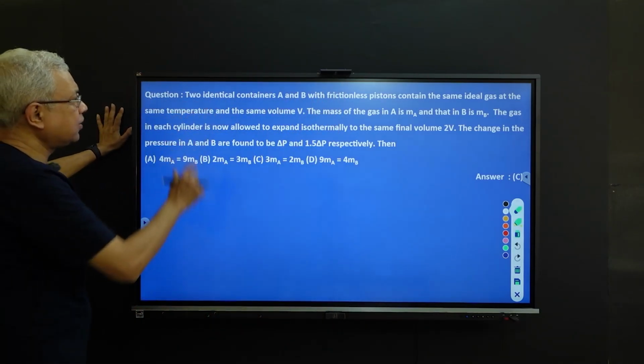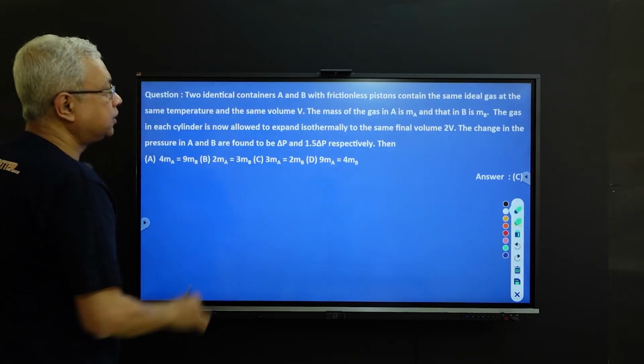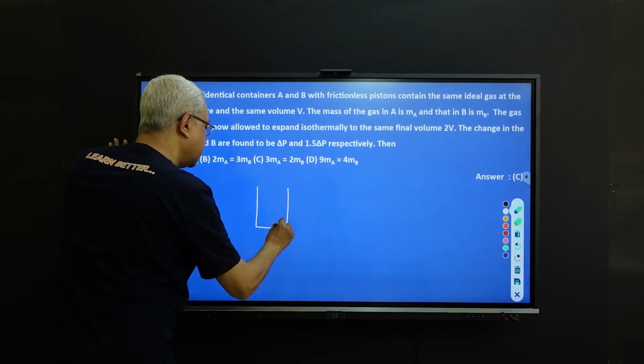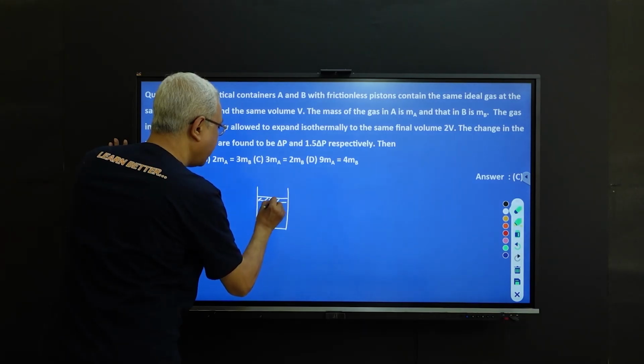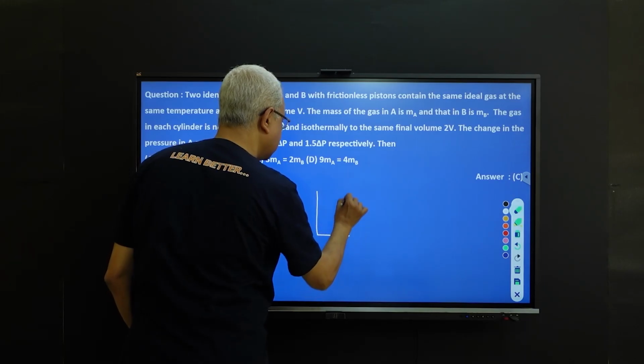So two identical containers A and B fitted with frictionless pistons. Consider one container with a piston, and there is another identical container.